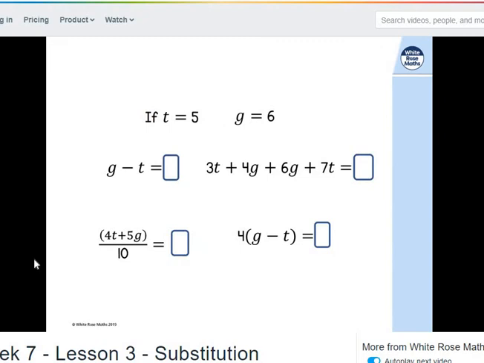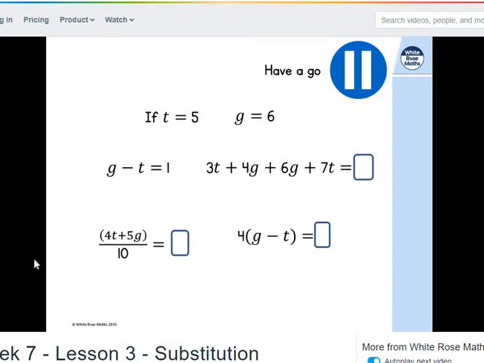Okay, this time we've got 2 expressions to substitute. T is equal to 5, and G is equal to 6. Pause the video, have a go at working out those missing values. Let's have a look at the first one. G minus T. Well, if G is worth 6, and T is worth 5, then 6 minus 5 is 1.